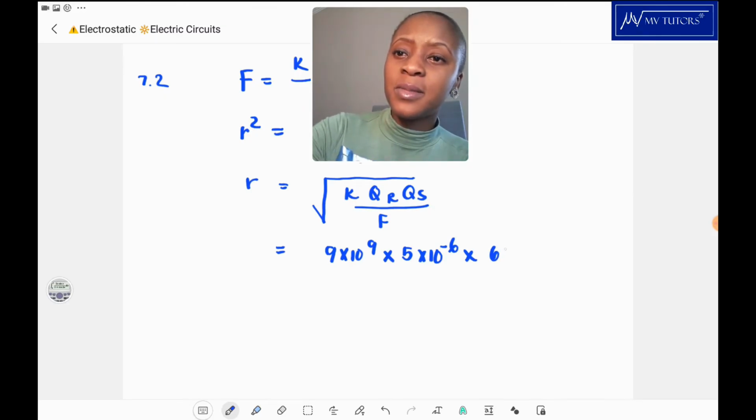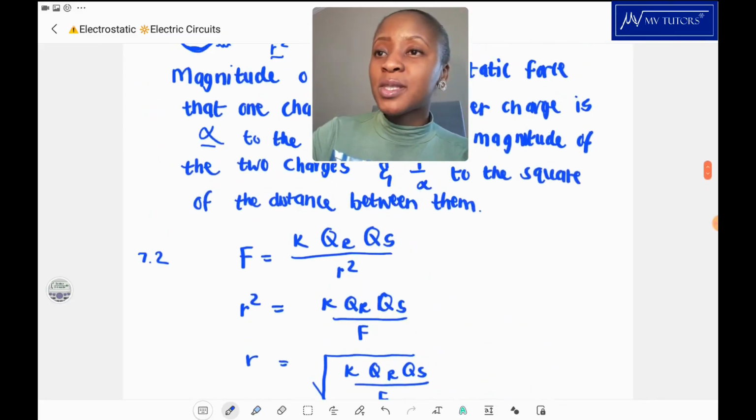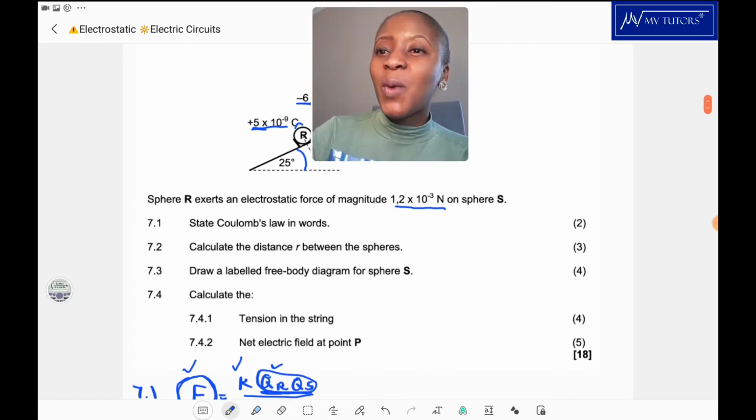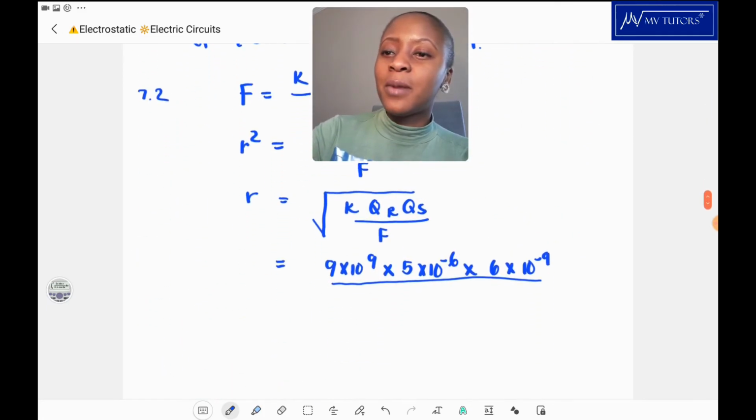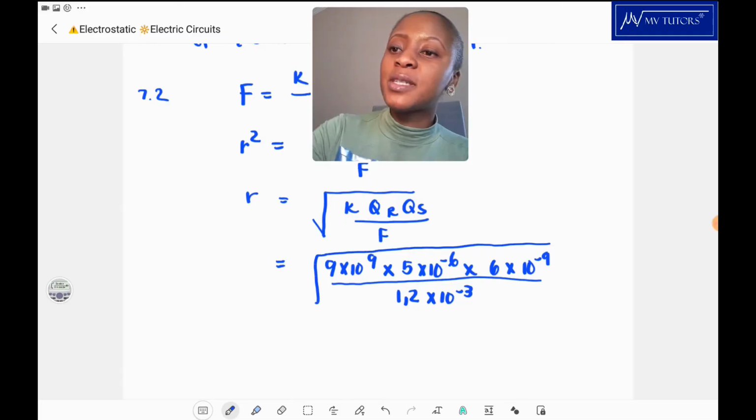So it's just 6 times 10 to the power minus 9. And that is all over the force, which was 1,2 times 10 to the power minus 3 Newton, and all of that is under the square root.